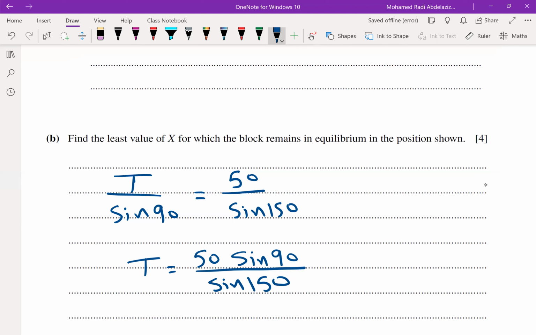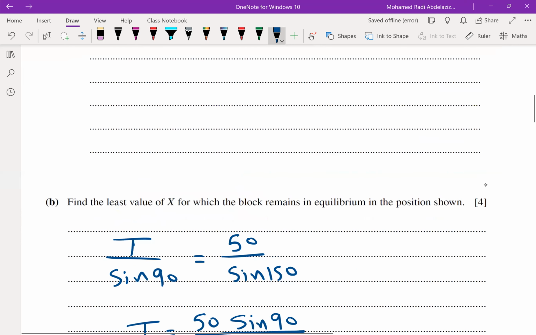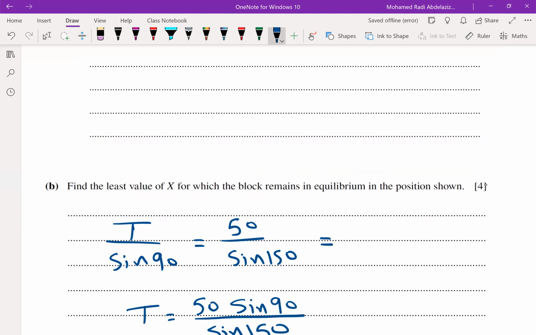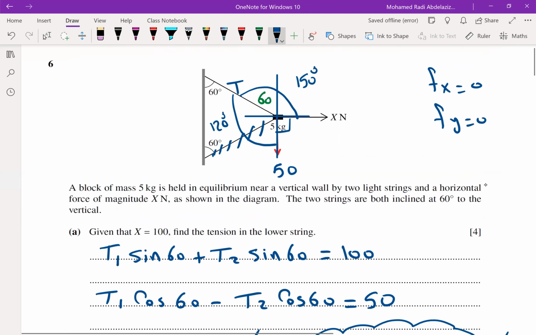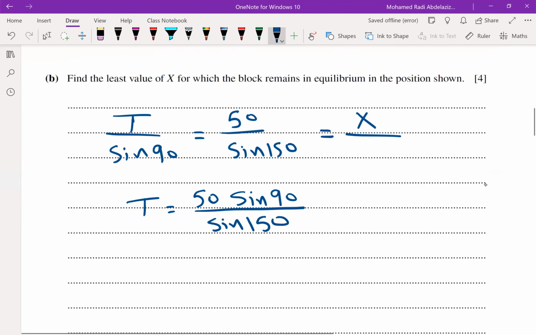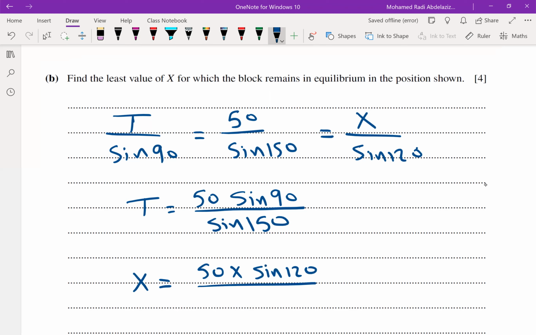He asked to get the value of x. So x over sine 120. If I ask for x, it will be 50 times sine 120, all divided by sine 150.